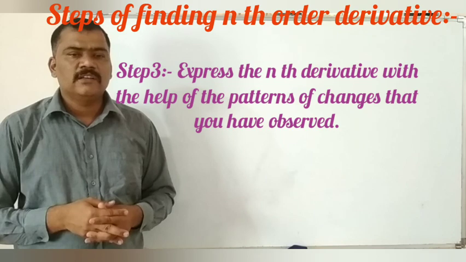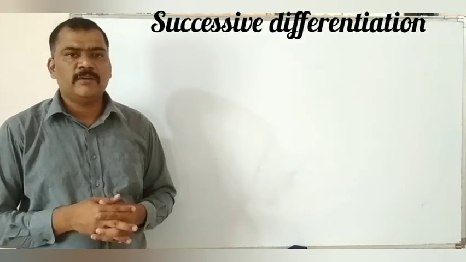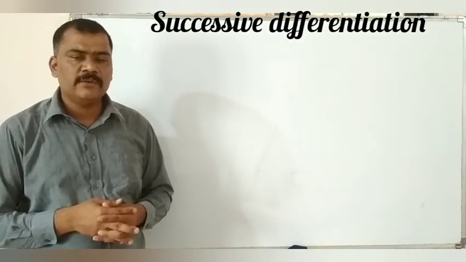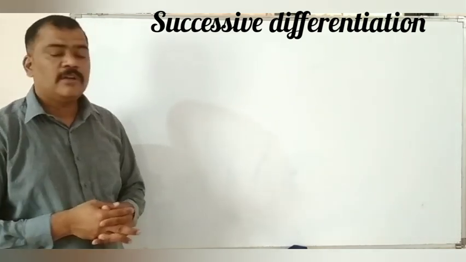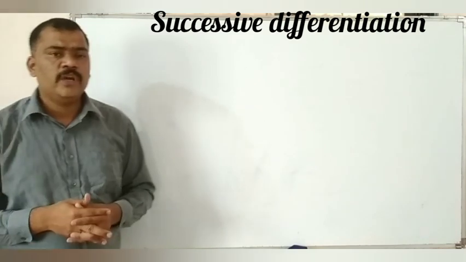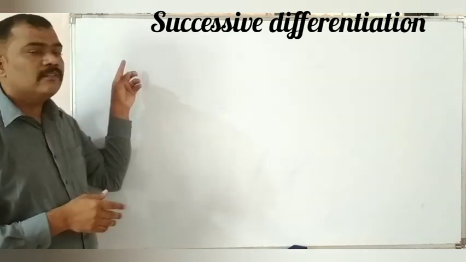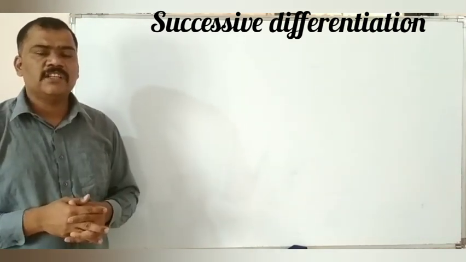So we have to discuss some examples on the nth order derivatives. What are the examples we see here? From question number 4, we discuss the first example. What is question number 4?